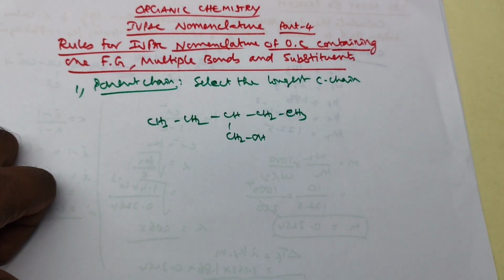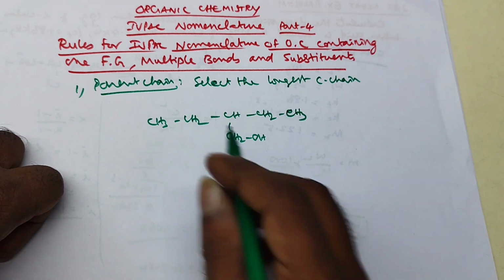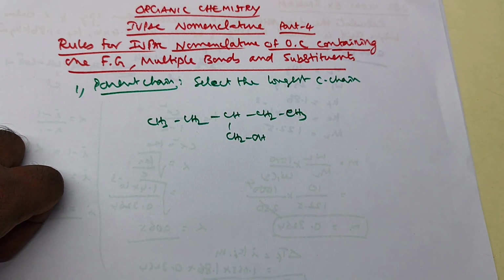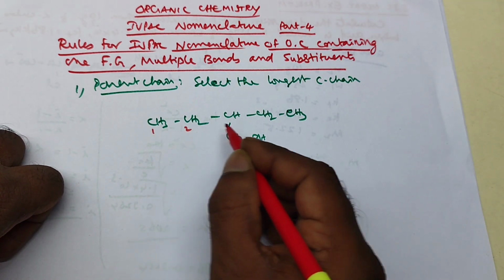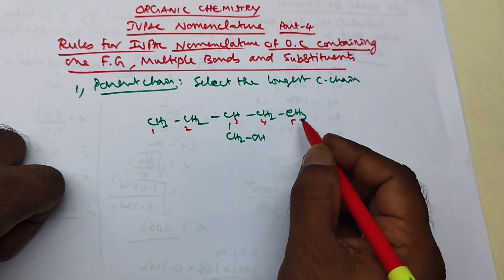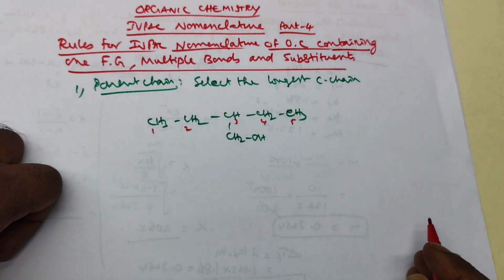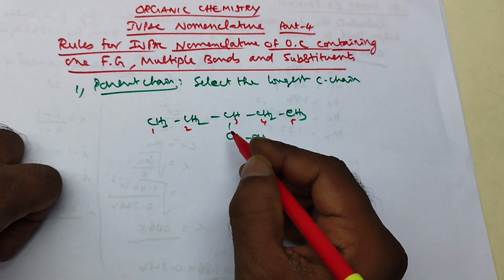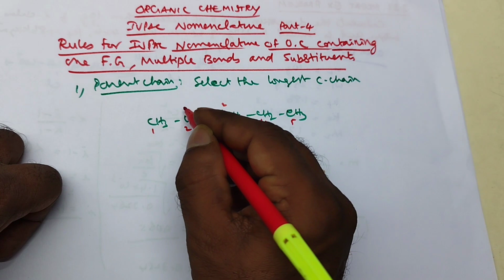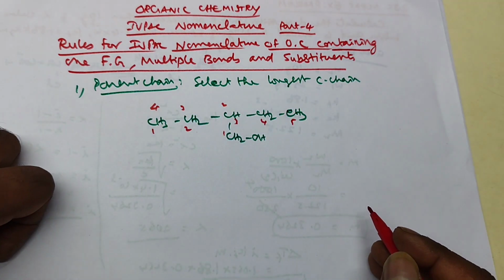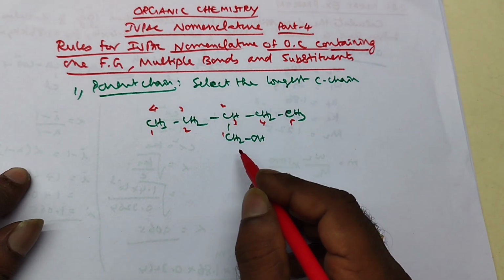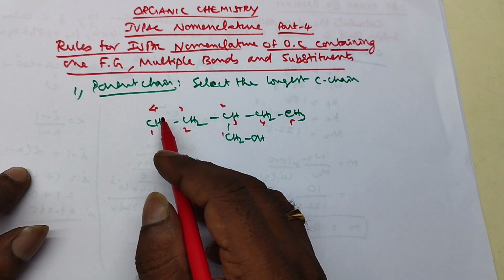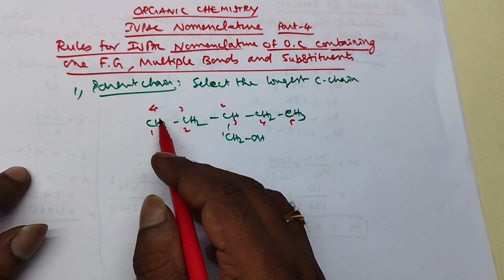In this example, how can we name the organic compound? In what way do we have to start the numbering? Suppose you start the numbering from this side, that is 1, 2, 3, 4, 5, the maximum number of carbon atoms. But if you start numbering from the functional group side, 1, 2, 3, 4, then only 4 is the maximum number of carbon atoms in a chain.